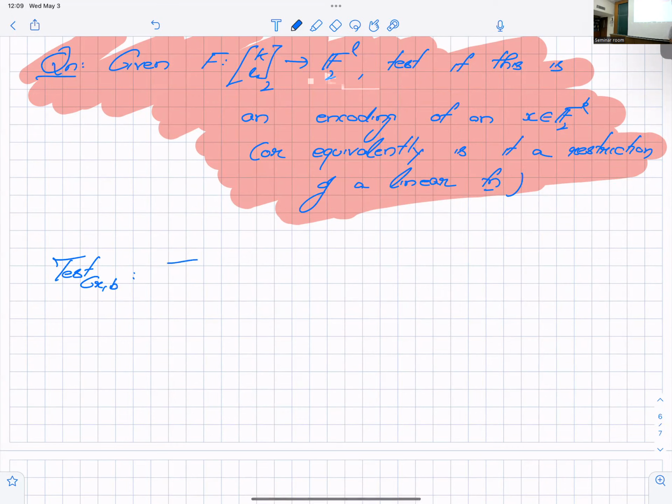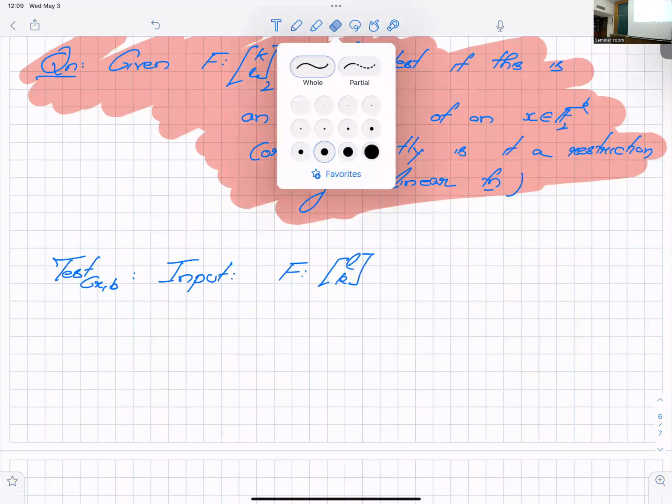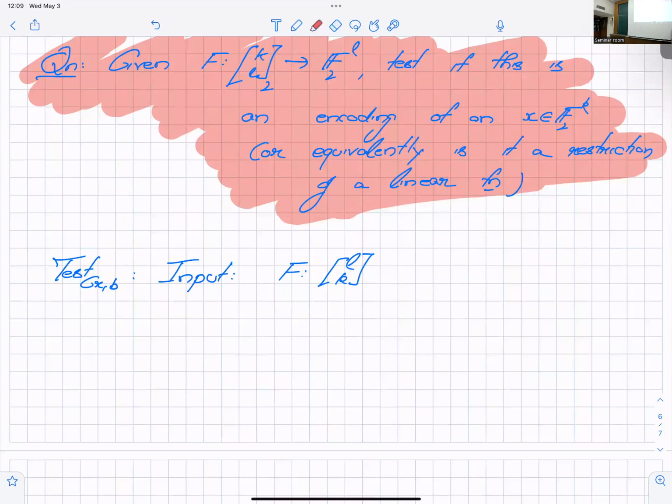The input is a function f from L-dimensional subspaces of F_2^k to F_2^L, given as an oracle. B is going to be a parameter, and we'll see what B is.